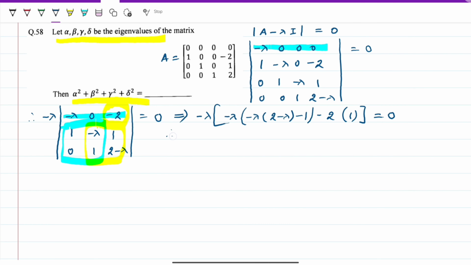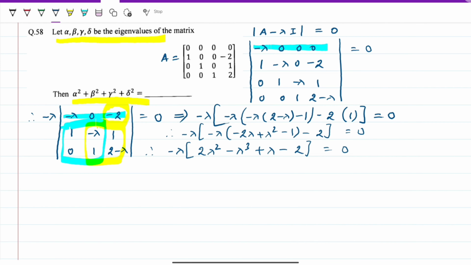Now simplifying, we have negative lambda and here we are going to get negative lambda, negative 2 lambda plus lambda square minus 1 minus 2 is equal to 0. So we have negative lambda and multiplying over here we get 2 lambda square minus lambda cube plus lambda minus 2 is equal to 0. So since the negative lambda is already factored out, we are going to keep it out.